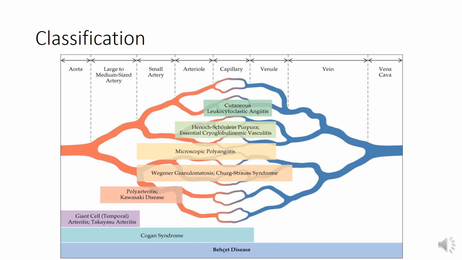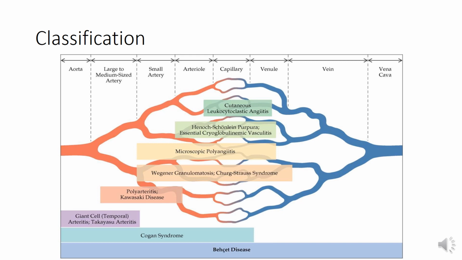The International Chapel Hill Consensus Conference has developed one of the most widely used nomenclature systems, which specifies the names and definitions for most forms of vasculitis. Classification of the non-infectious vasculitis is primarily based upon the predominant size of the vessel involved, although there may be some overlap in the size of arteries involved with all these diseases.